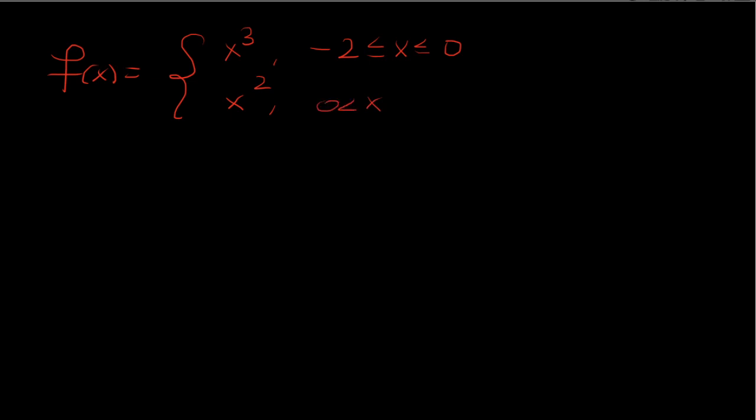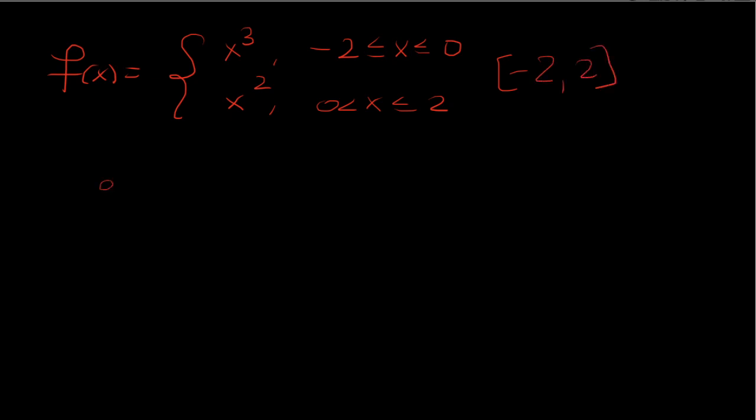Okay, last one. We're given a piecewise function. It's x cubed if x is between -2 and 0, and x squared if x is between 0 and 2. For this one, we want to find the slope of the secant line, and the interval, they broke it up, but it's basically between -2 and 2.